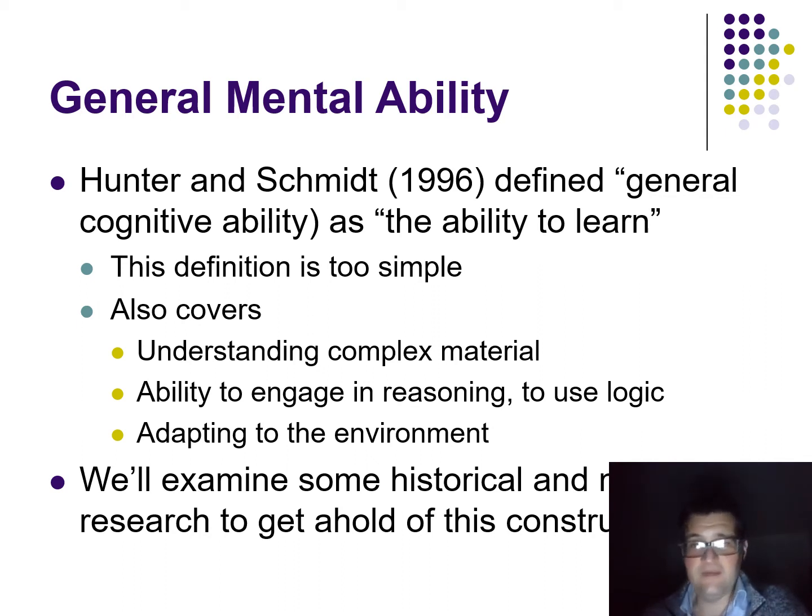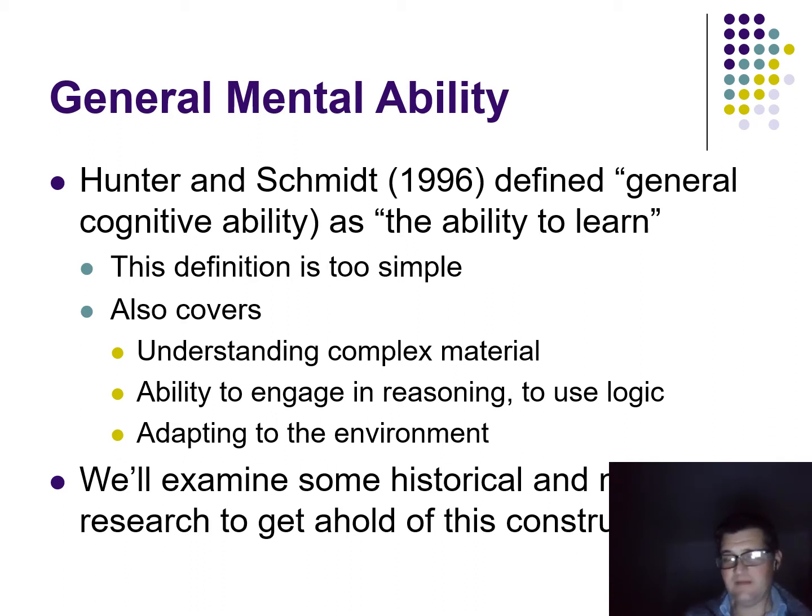They're also able to engage in complex reasoning. They can use logical processes. And probably most importantly, they adapt to the environment. In fact, that's a very Piaget sort of definition, really how people adapt to their environment.